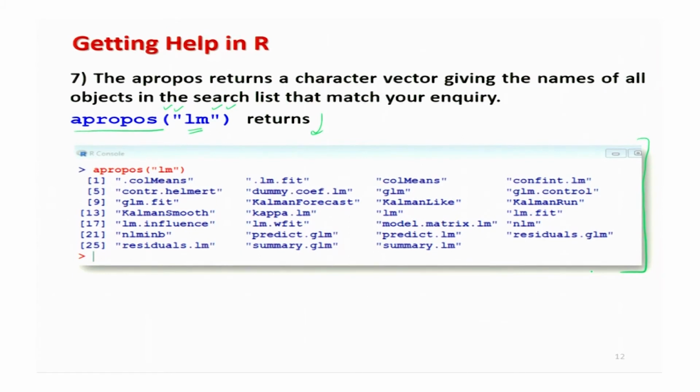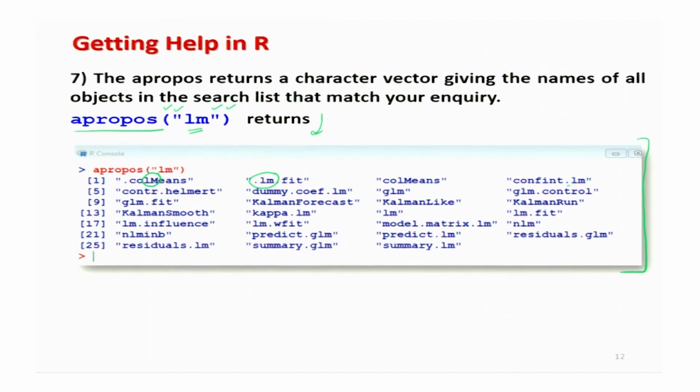You can see it is now giving me all available functions on my computer, within my R software, which contain lm. For example, here is lm, but this is a part of the command dot call. There is another one, dot lm, but this is part of dot lm dot fit.